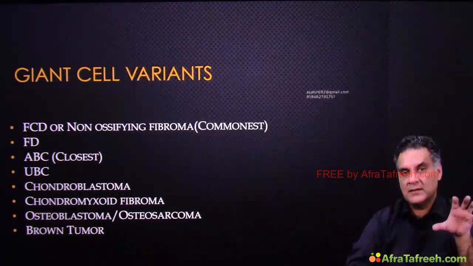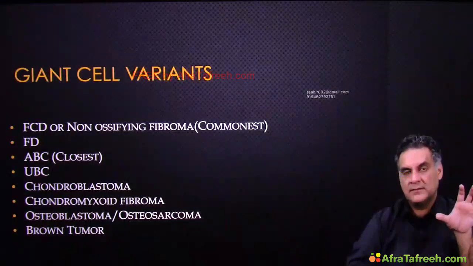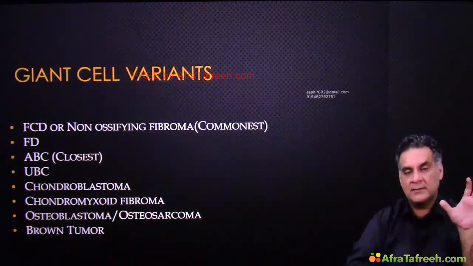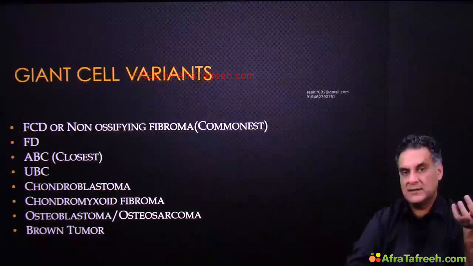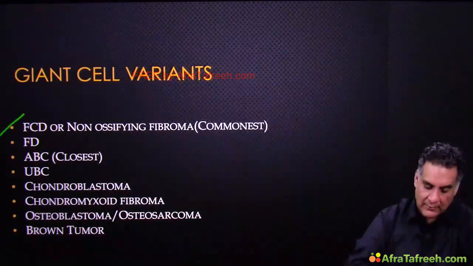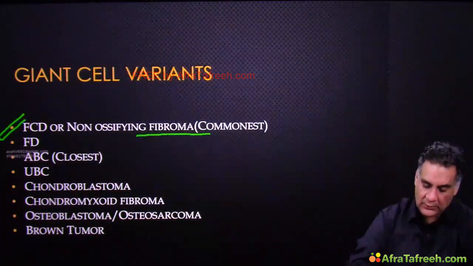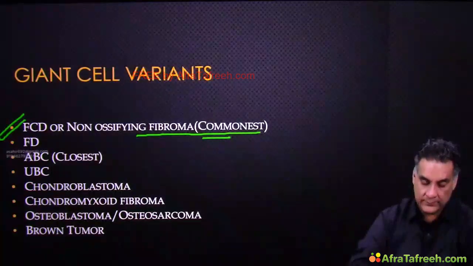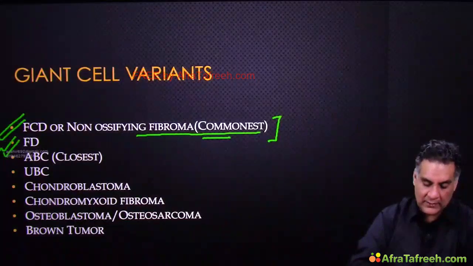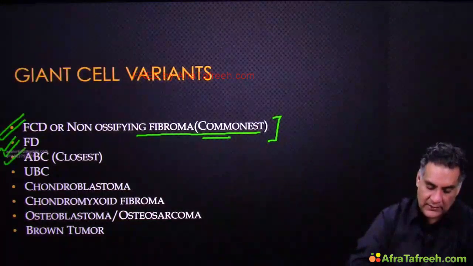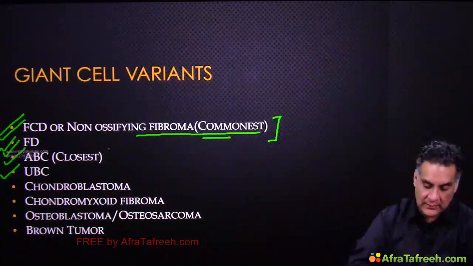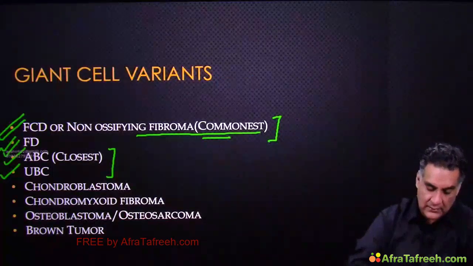Giant cells, mononuclear cells. Mononuclear cells are the malignant cells, but then there are tumors which will have giant cell variants, means they will have giant cells. They are lytic cavities like fibrous cortical defect or non-ossifying fibroma, commonest. Fibrous dysplasia, these are two fibrous lesions. Aneurysmal bone cyst, unicameral bone cyst, these are two cystic lesions.